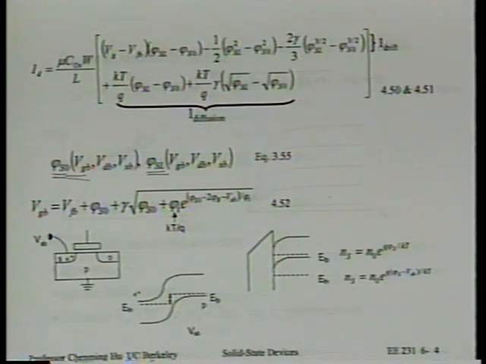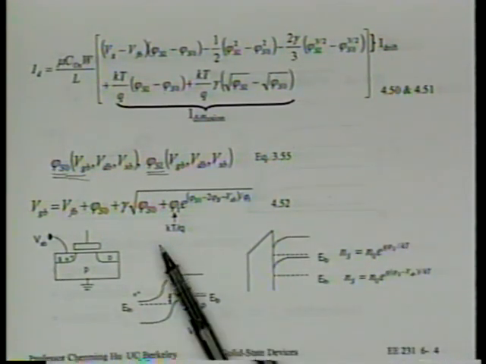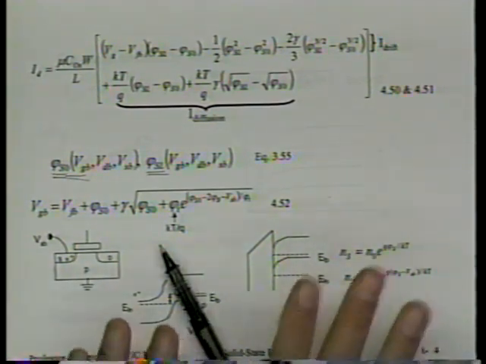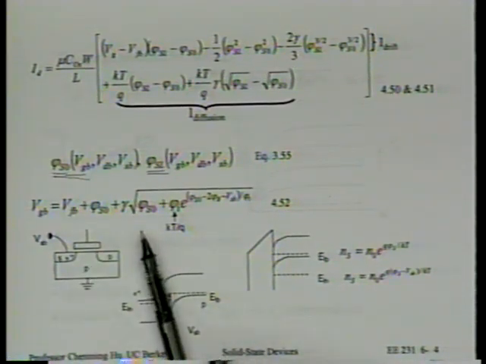Let me remind you, what we had in chapter 3 is actually this equation, slightly changed, with one additional term, so we get this new equation. When we derived this equation, we already limited ourselves to weak inversion and strong inversion. We ignored the accumulation region.